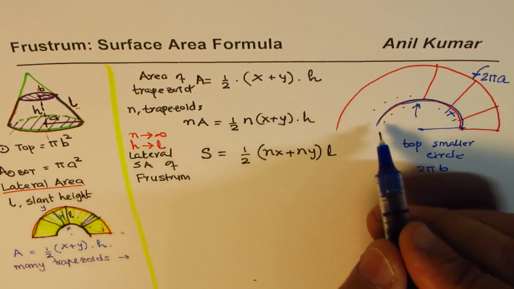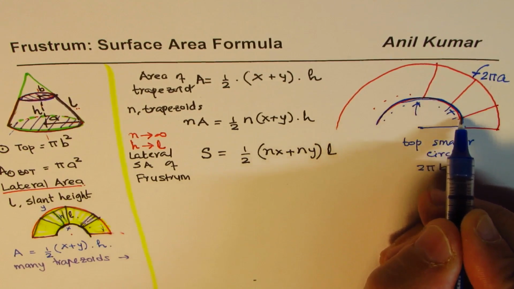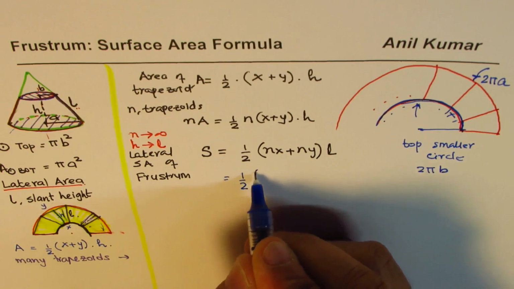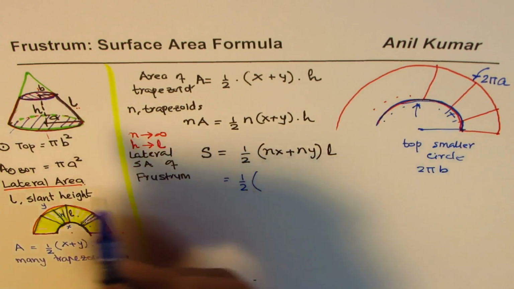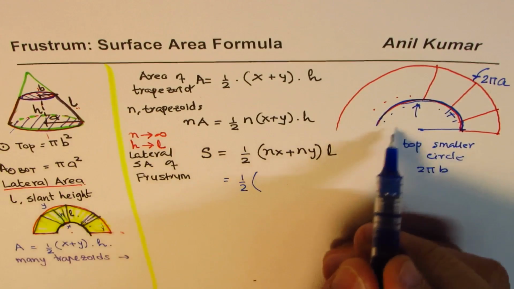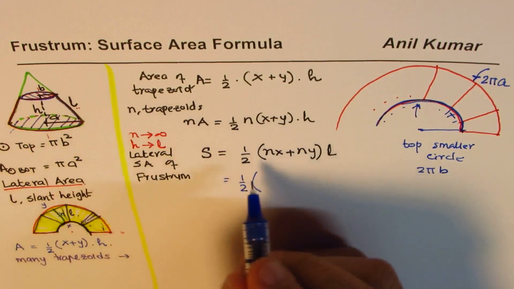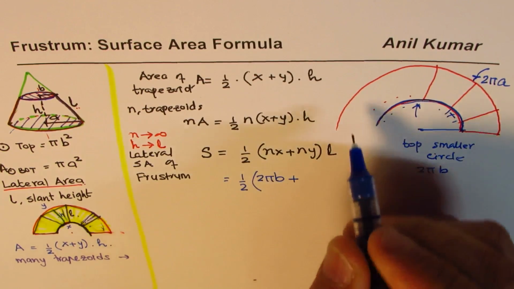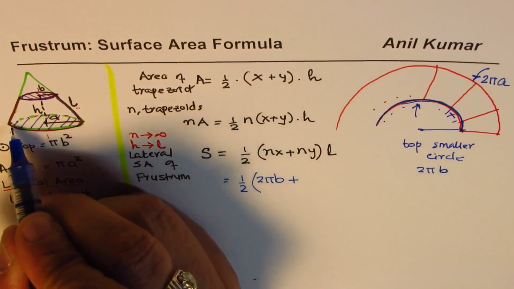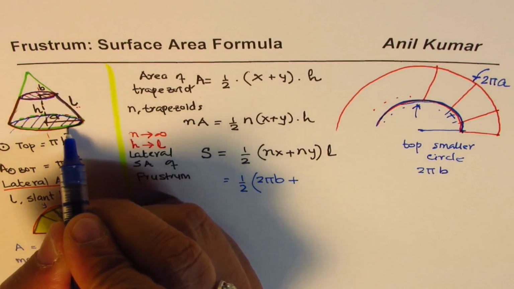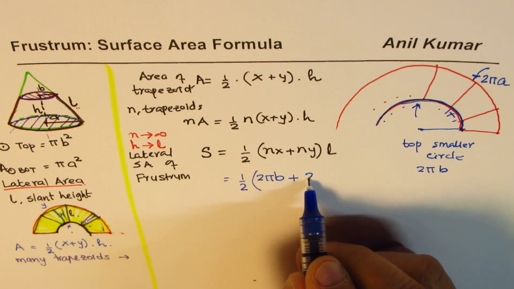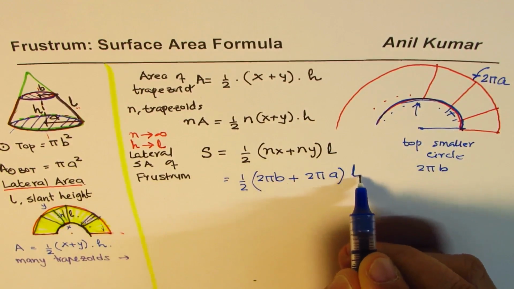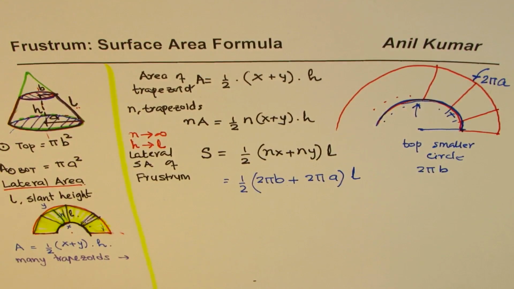And n times x is actually the inner or smaller circle. So we should write this as half of nx, where x is the inner side, the smaller circle. We can write this as 2 pi b. And the outer circle is 2 pi a, times L. This does make sense to you, right?